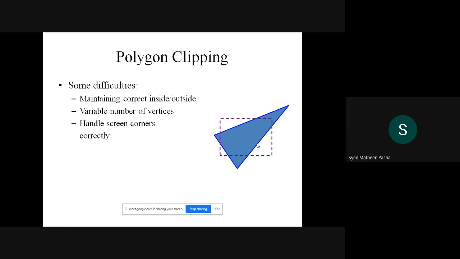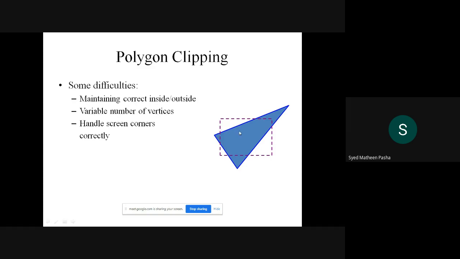But coming to a polygon, dimension, angle and all are very important. The polygon might be in any dimension, in any format. So that is one of the disadvantages, maintaining correct inside and outside. That is, you will not get correct endpoints with respect to polygons here.